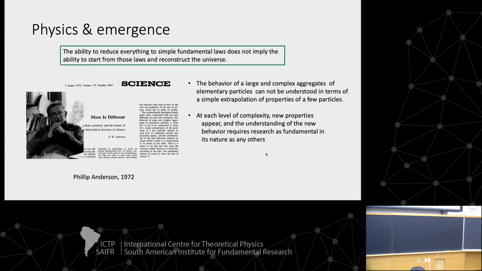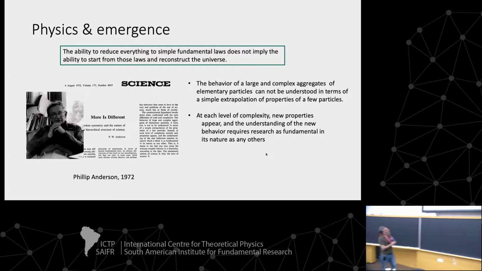The cornerstone article in complex systems is this one by Phil Anderson, who spoke about how having the ability to reduce everything to simple fundamental laws does not imply the ability to reconstruct the universe from those laws. I mean, we can know the fundamental laws, but how the particles assemble is a whole different problem.